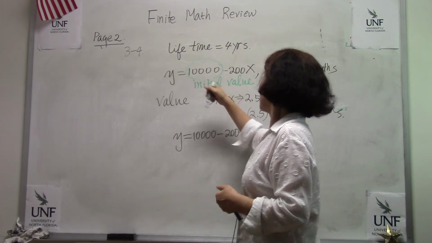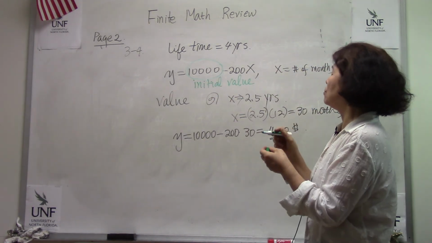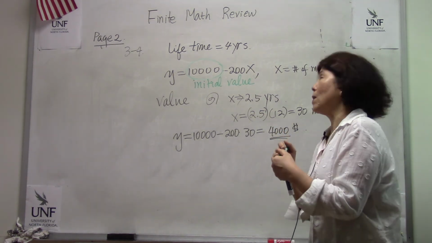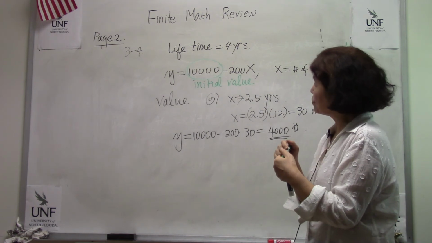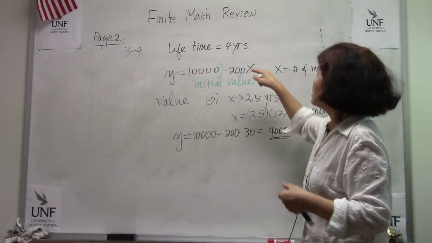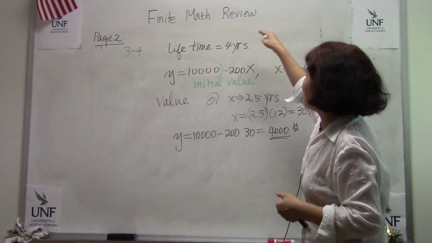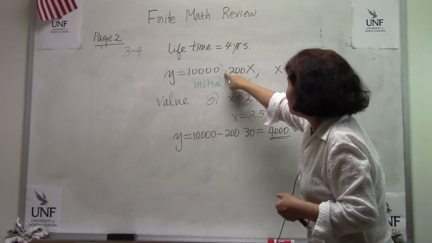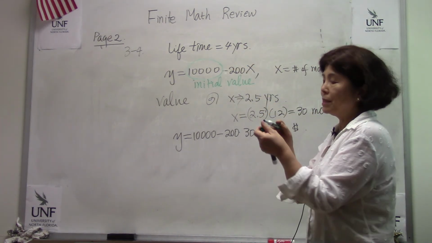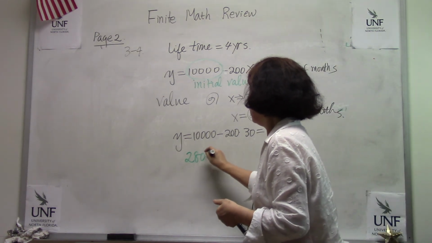So $10,000, after 1 month of use it will go down to $9,800. Another month, $9,600, $9,400, and so on. So this is $200 and the x is the number of months. That means the value goes down, expressed by this negative sign and $200 a month.